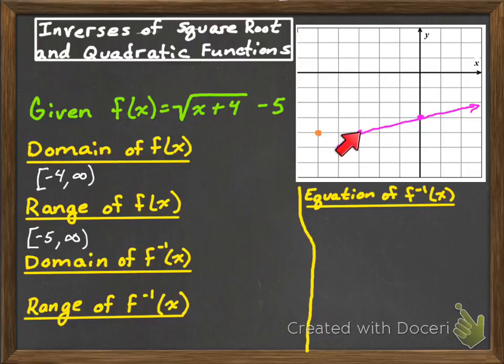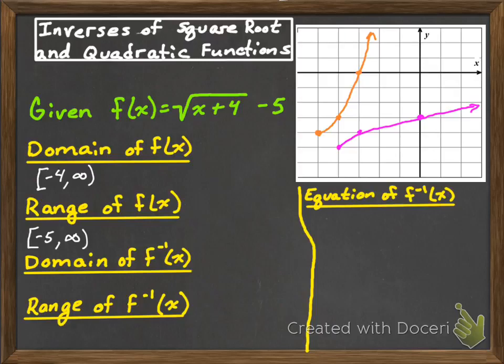This coordinate was -3, -4, so that means -4, -3 would have to be on the inverse. And this coordinate was 0, -3, so that means -3, 0 would have to be on this graph. And we can sketch the graph of this going up.